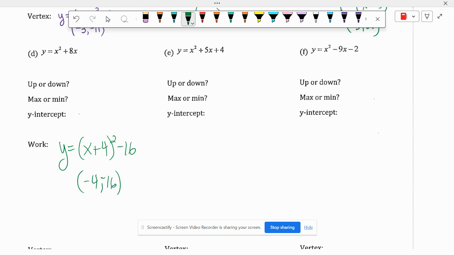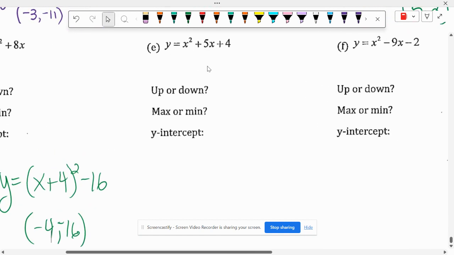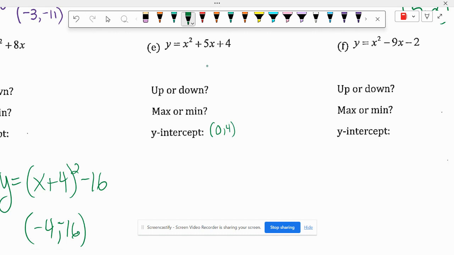Okay, let's look at letters E and F. E first. So notice that in all of our examples up to this point, B has been an even number. I'm just going to start with the y-intercept, (0, 4), and then I'm going to show my work. Remember that I have to move this constant over first.